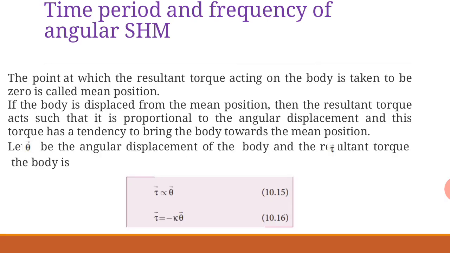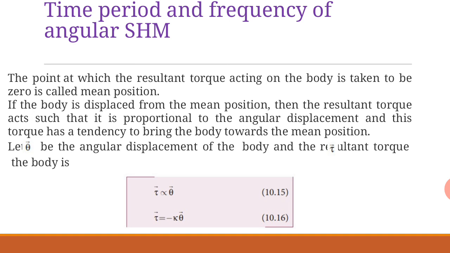Let's calculate the time period and frequency for angular simple harmonic motion. Just now we have seen one disc which is allowed to rotate about a fixed axis, and theta is the angular displacement. We can call this displacement the amplitude.